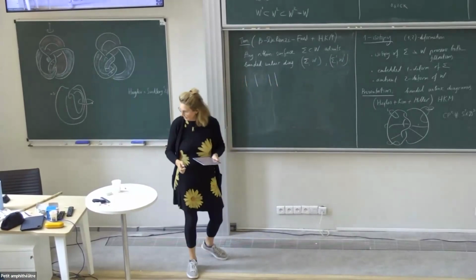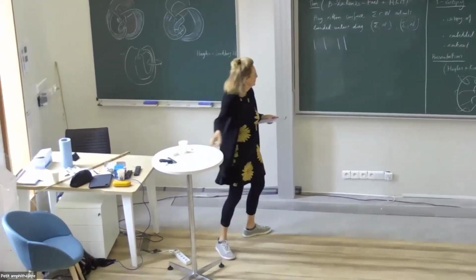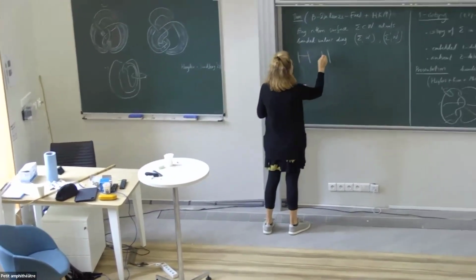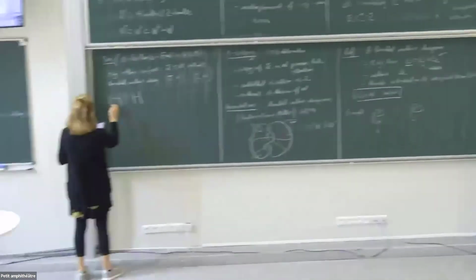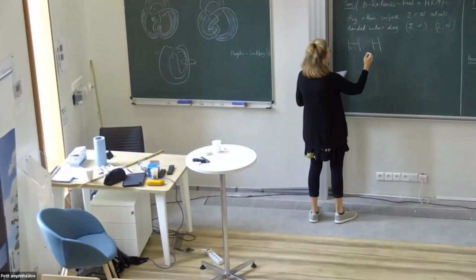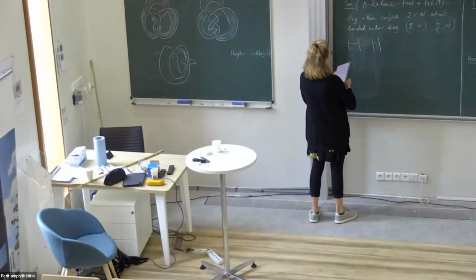So the one set of moves is the so-called band slides. So you have here one band, you attach here, and then you slide it over here to the other side. So this is one move.